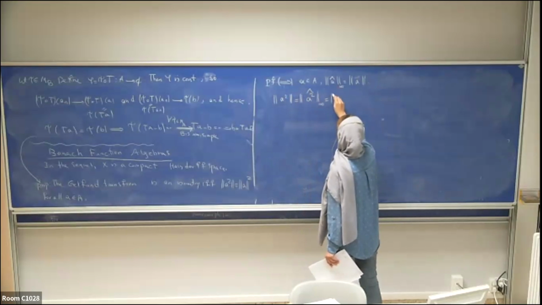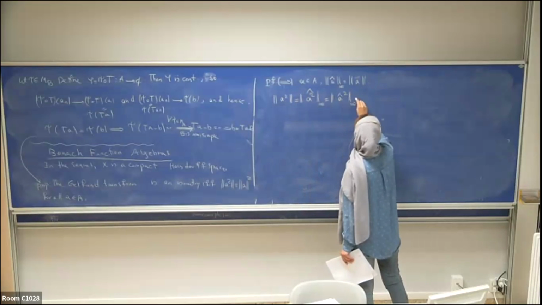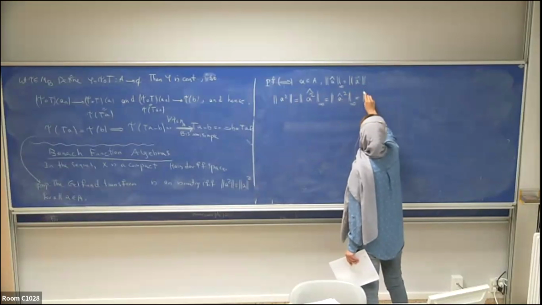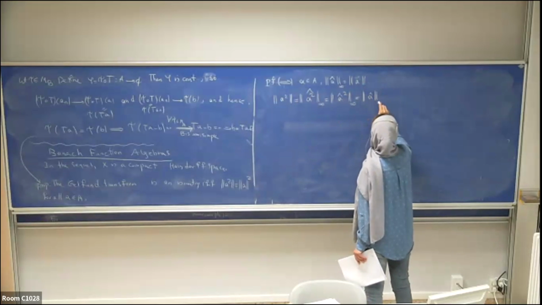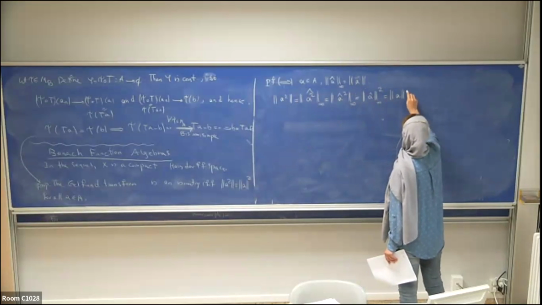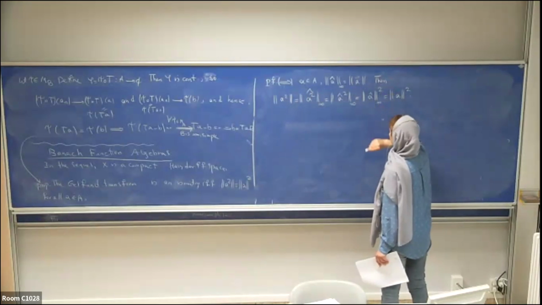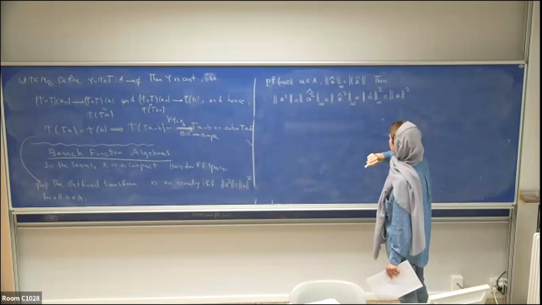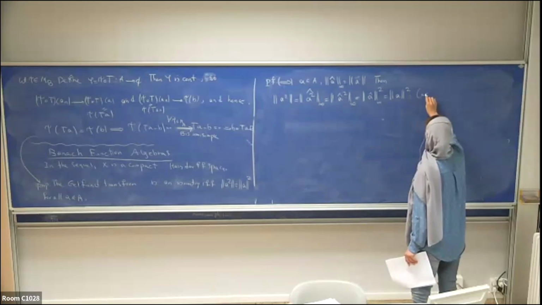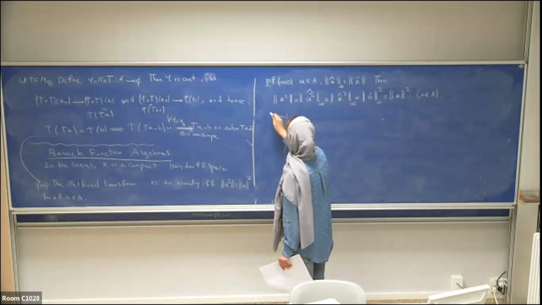We know hat is a homomorphism, so we can write it as A hat power 2. And for the supremum norm, we have this one. And again, we use this one, and we obtain the result. For the converse, it is trivial.